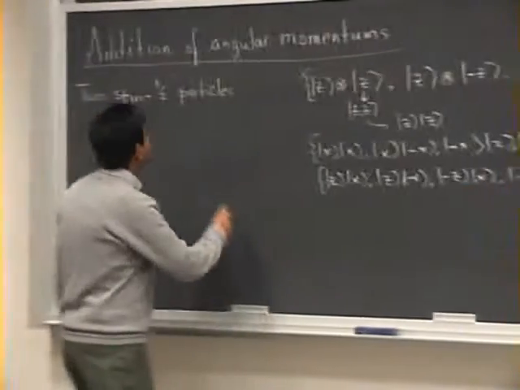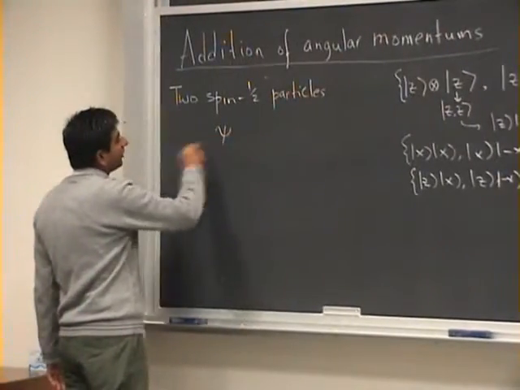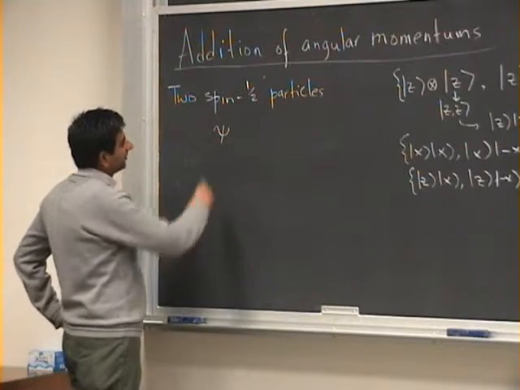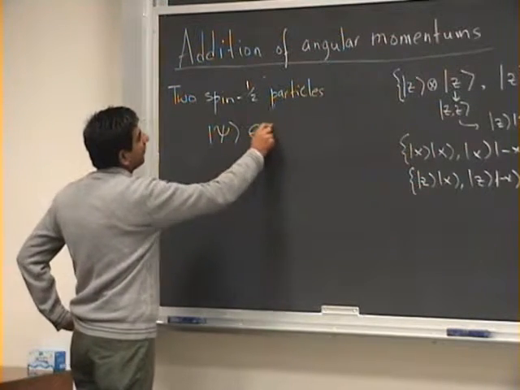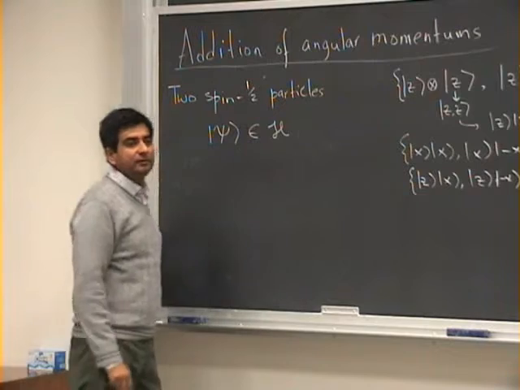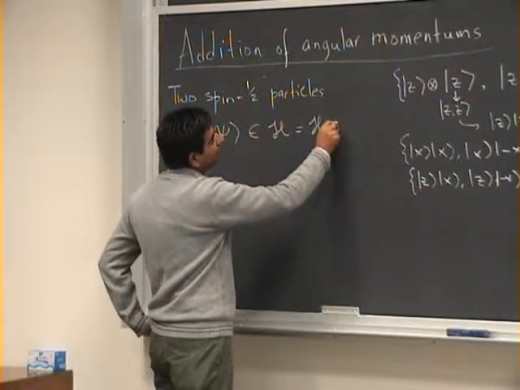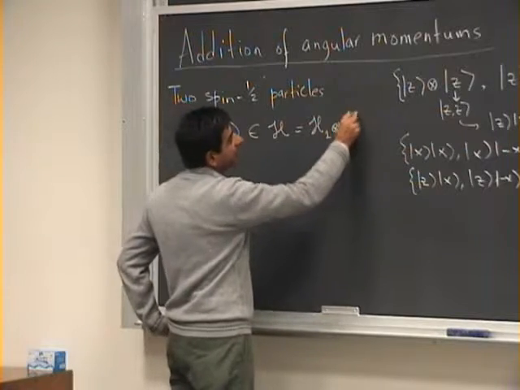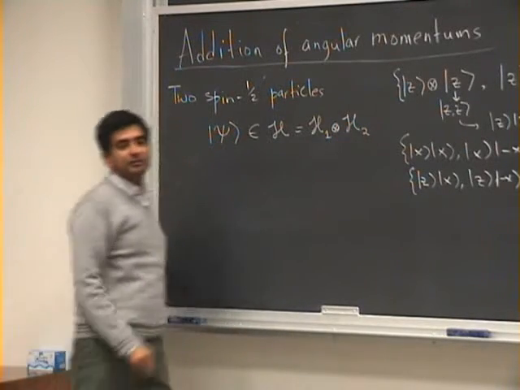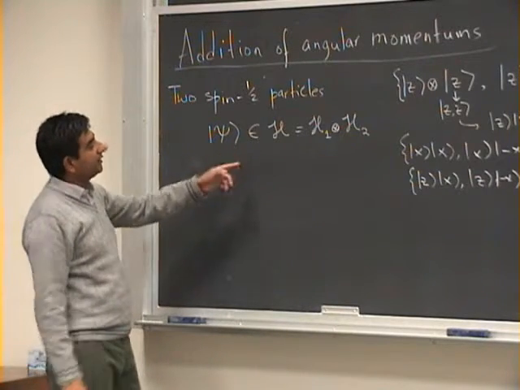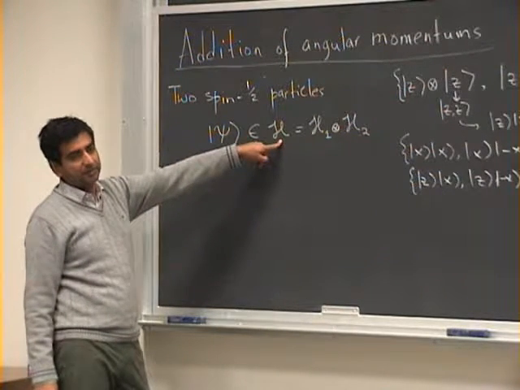So any quantum state of the two-particle, two-spin half system is a member of a Hilbert space, which is really the direct product of the Hilbert space of the first spin with the Hilbert space of the second spin. Okay. So all of these basis states span the joint Hilbert space.